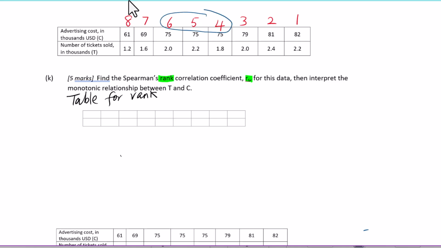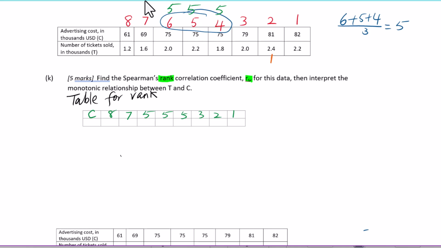This 3 has the same data. We will take average. 6 plus 5 plus 4 divided by 3 equals 5. So 5, 5, 5 will be the rank.